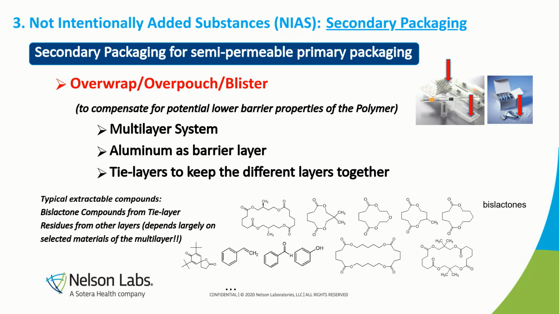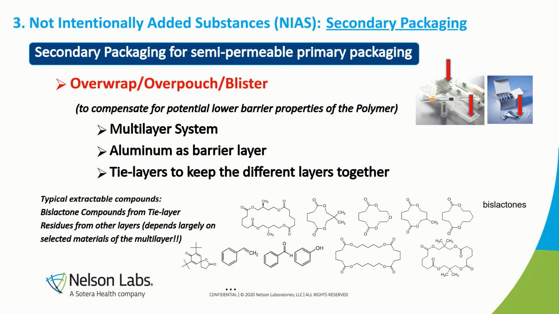An overwrap can also play a role. Also, when it's semi-permeable, that is, for instance, very typical for blow-fill seal applications. It's a multi-layer system where the aluminum is used as the barrier, either for oxygen or for light.